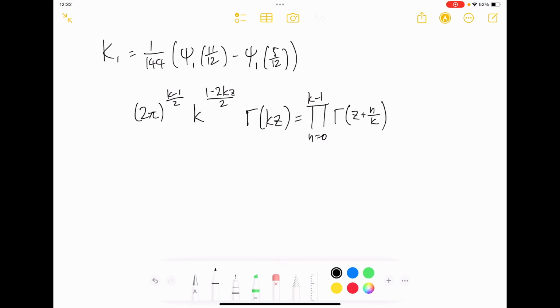If we take the logarithm of both sides, these products are going to turn into sums as well.